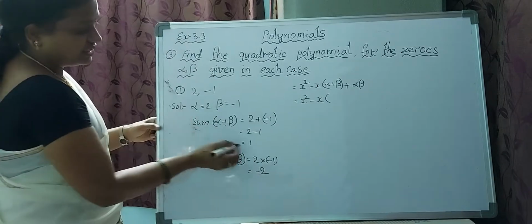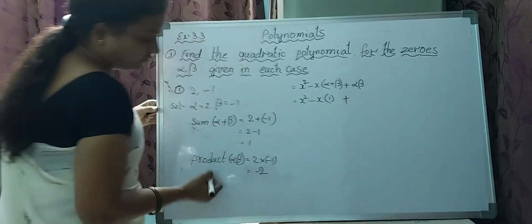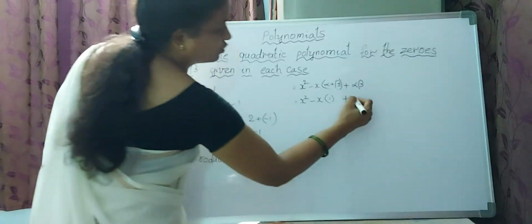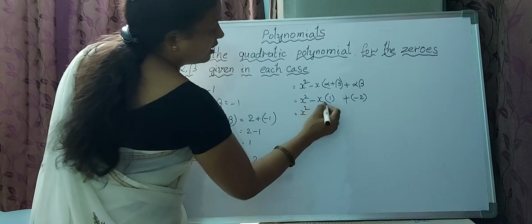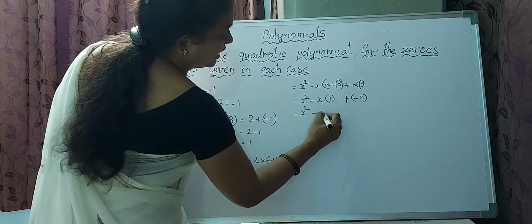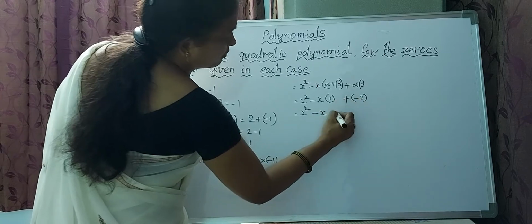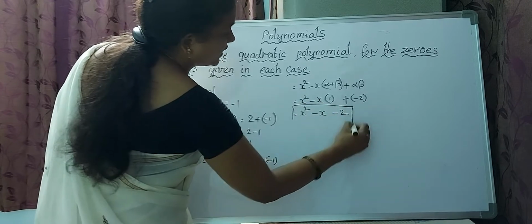What is alpha plus beta? 1, so substitute 1. What is alpha beta? The product, -2. Now you write x square minus x, minus into plus is minus, so minus 2. This is the required quadratic polynomial.